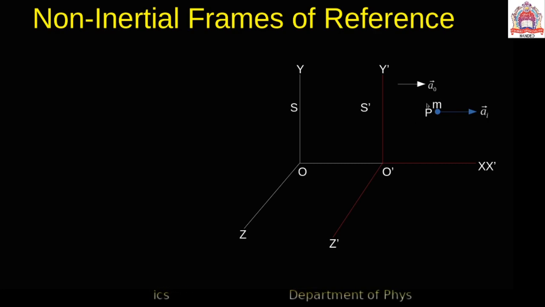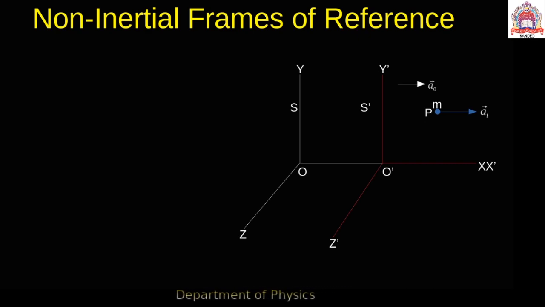Such a force, which does not really act but appears to act only due to the acceleration of the frame of reference, is called the fictitious, apparent or pseudo force.